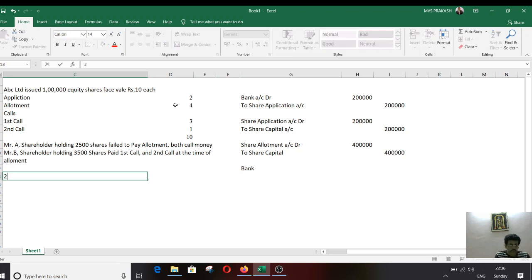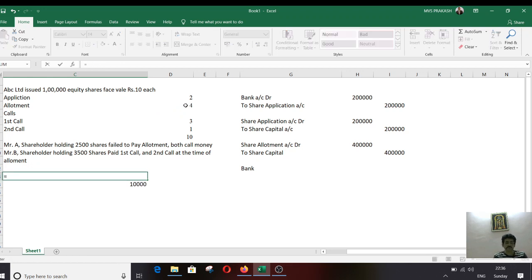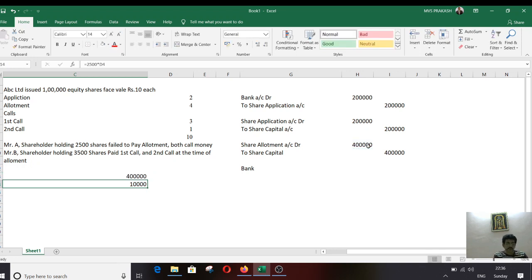Here, a person holding 2,500 shares failed to pay the allotment money. That means how much should he pay? 4 rupees he should pay. Not paid, so 10,000 has not been received. You are supposed to receive 4 lakhs, of which 10,000 is not received, which I will consider as a due.